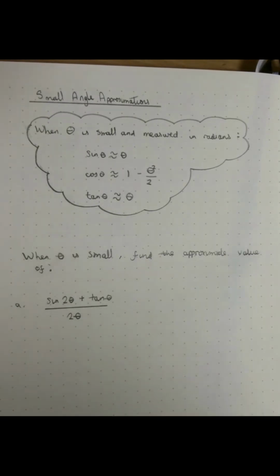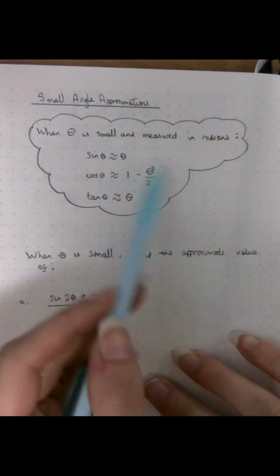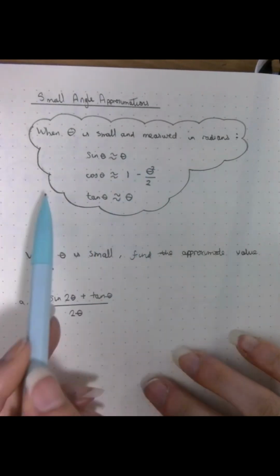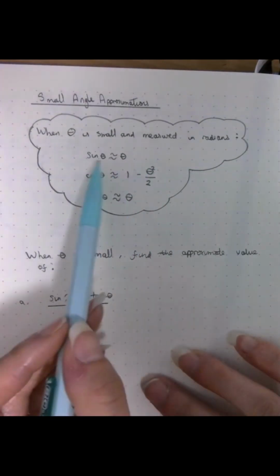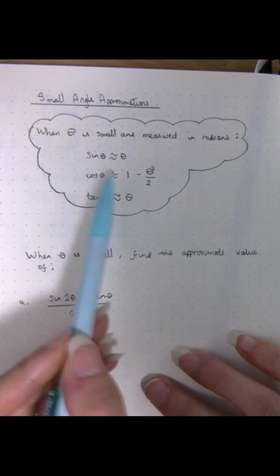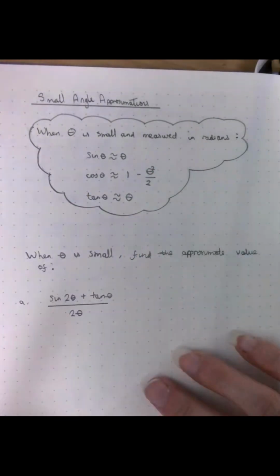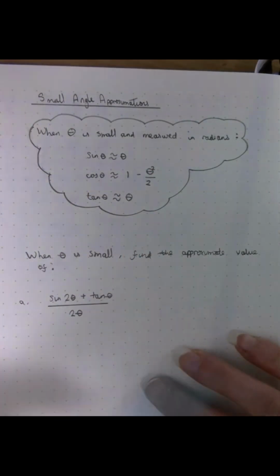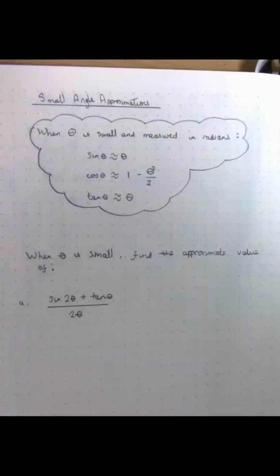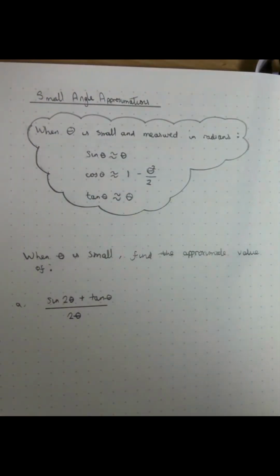So let's now have a look at how we can use the small angle approximations to answer some questions. I've got my small angle approximations up here, and I'm basically going to replace sine theta, cos theta, and tan theta with these things if I'm given the prompts to do so. So it says, when theta is small, we're talking about small angle approximations.